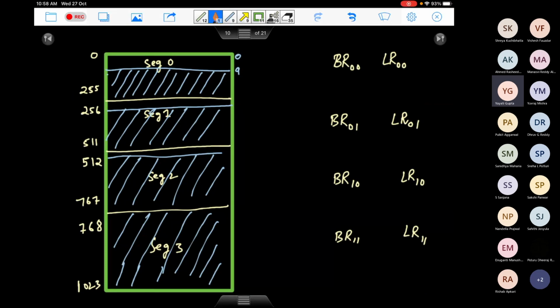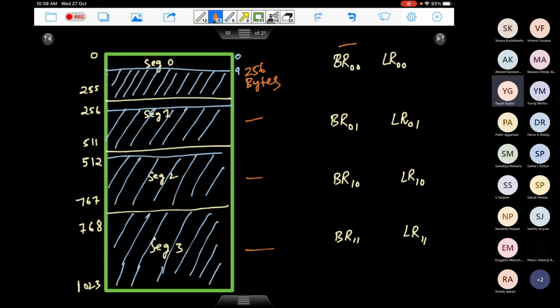So each segment now is what? 256 bytes, right? 256 bytes, 256 bytes, 256 bytes. And again, we will do a contiguous memory allocation for each of these segments. So corresponding to each of the segments, we should have a base register and a limit register.